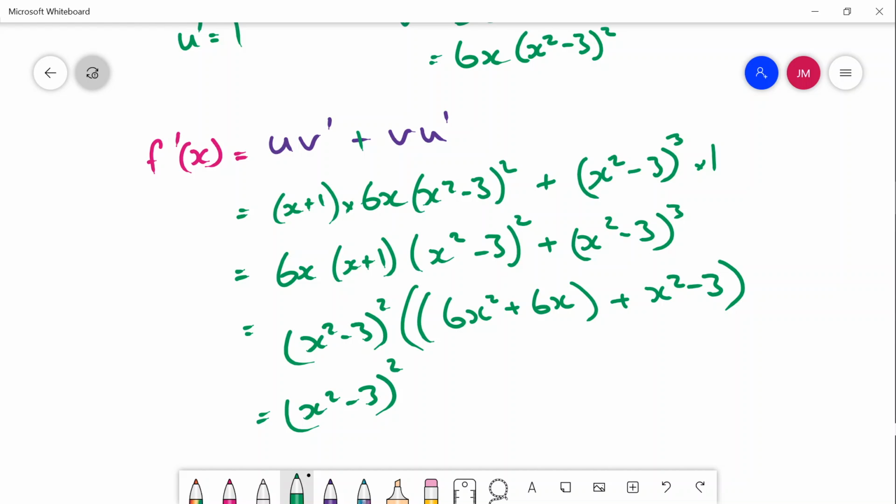Then I could expand or simplify here, collect our like terms. I'd have 7x squared plus 6x minus 3.